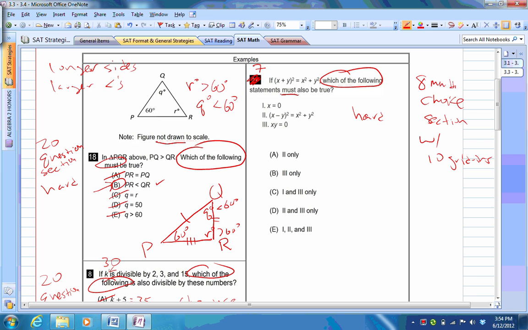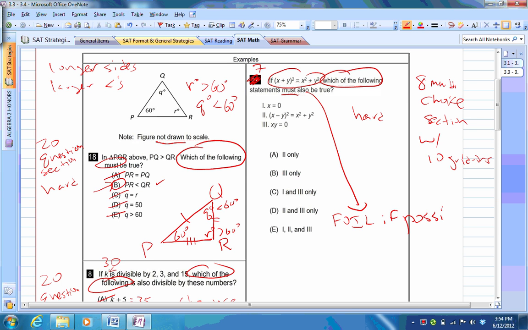Here they say (x + y)² = x² + y², which of the following must also be true. What I would do is try working this out before we begin our process of elimination. If you ever see an opportunity to FOIL, you should definitely do it.